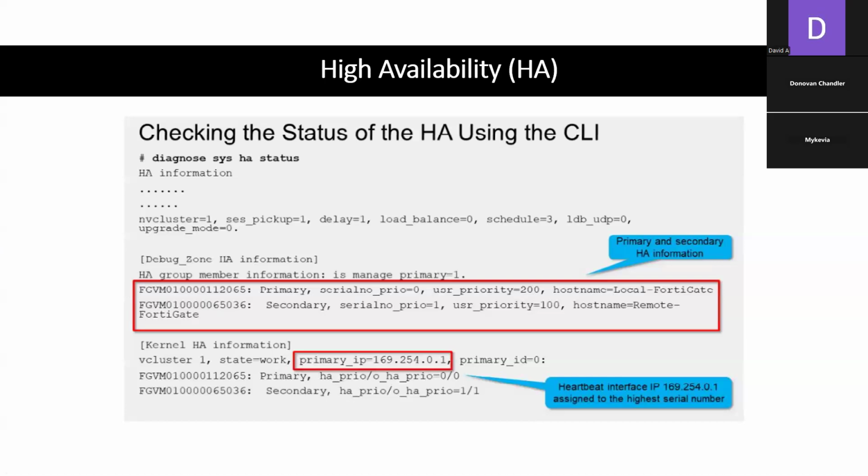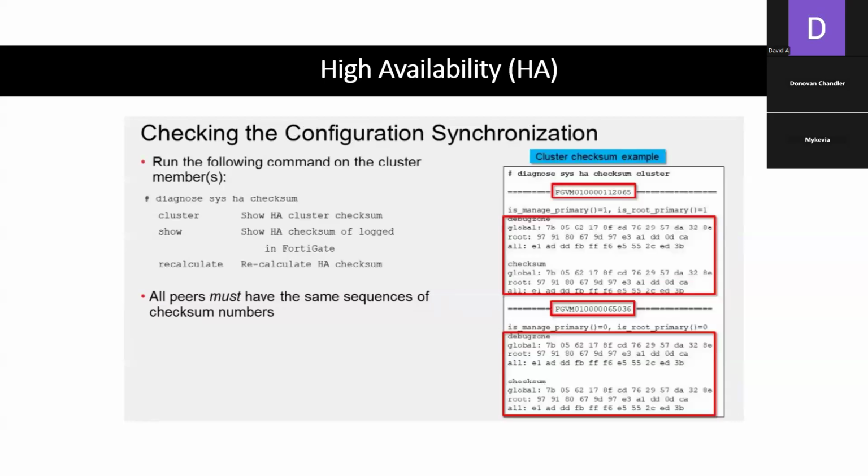Now, I know just from memory, there is a command, one of my favorite ones. Let's see where that's at. Oh, right here. Perfect. This command has saved me 10 times over: diag system ha checksum. In general, it helps with the status of faulty, fake devices going out there.